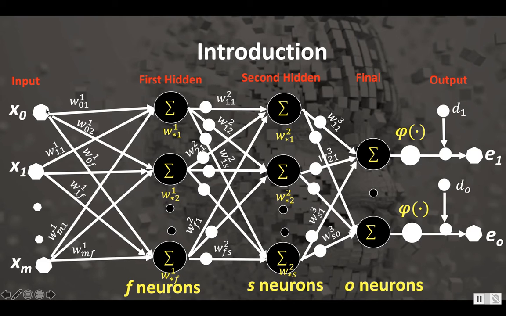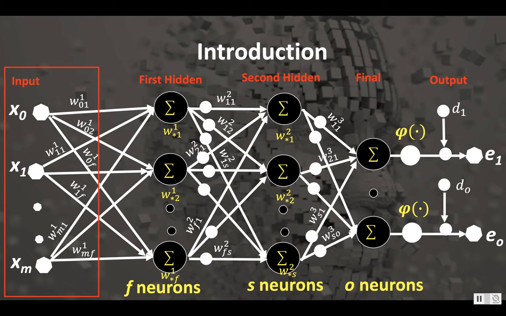One more time, the white solid polygon is the input, and of course that one is the output. The black dot with a white circle is the neuron, the processing unit, and the white solid dot is the activation function. So this is what the different symbols mean.